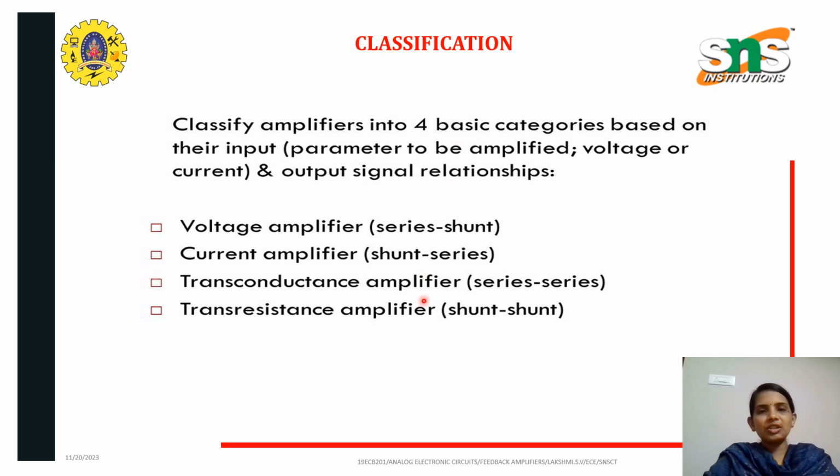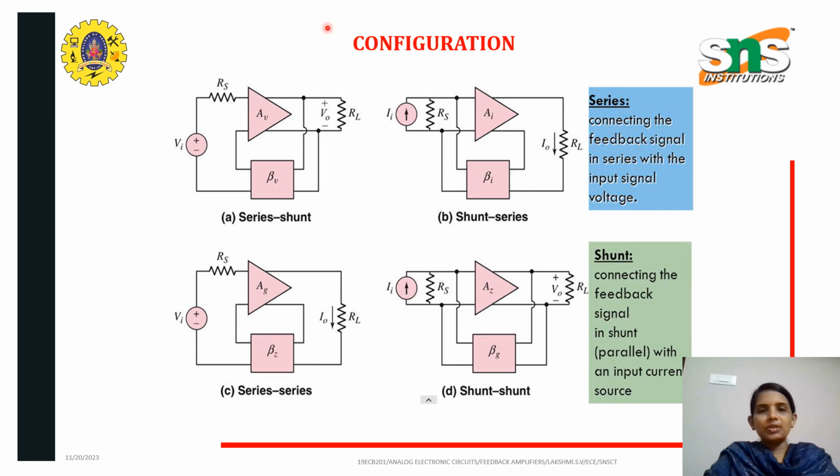Classification: based upon the mixer part and sampling part, there are four categories. One is the voltage amplifier, current amplifier, transconductance amplifier, and transresistance amplifier. So we have series shunt, shunt series, series series, and shunt shunt. This is the general diagram for the series shunt, shunt series, series series, and shunt shunt feedback topologies.